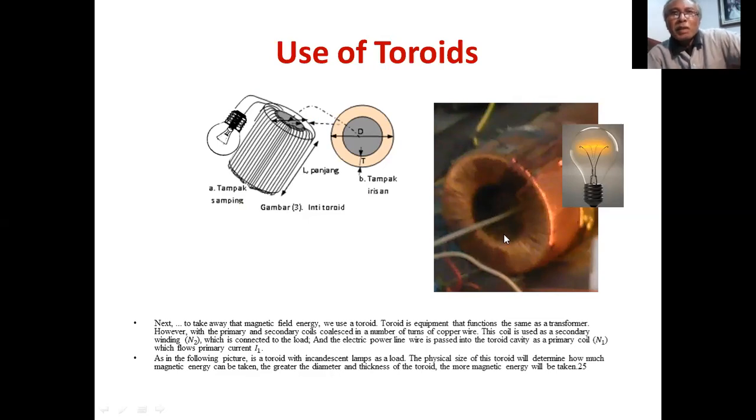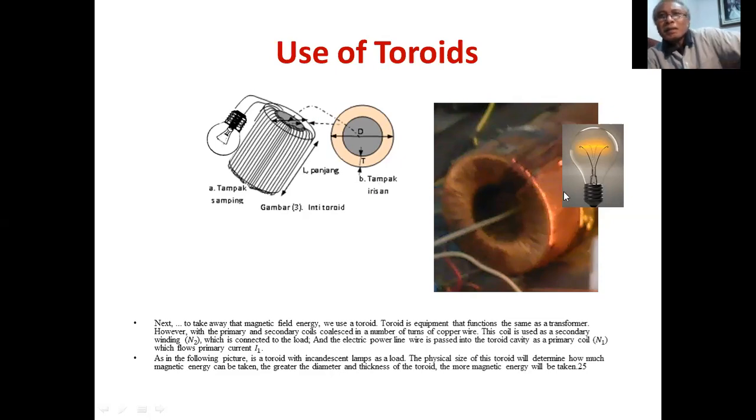Magnetic flux and intensity can be collected by the toroid core. A number of turns of copper wire are wound on it; this coil is used as a secondary winding N2, which is connected to the load.